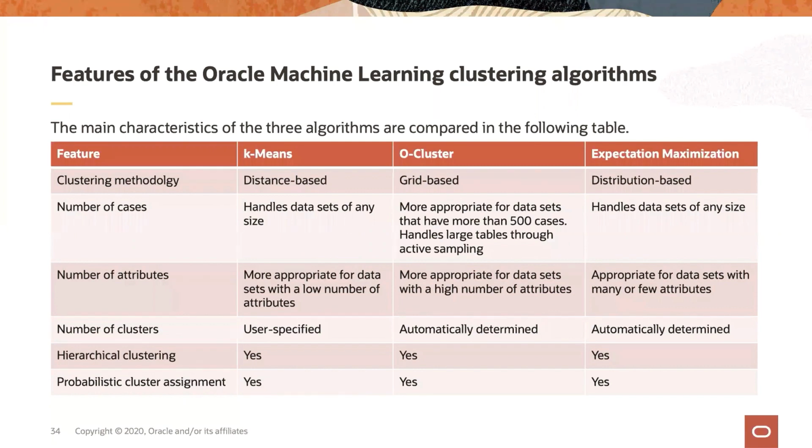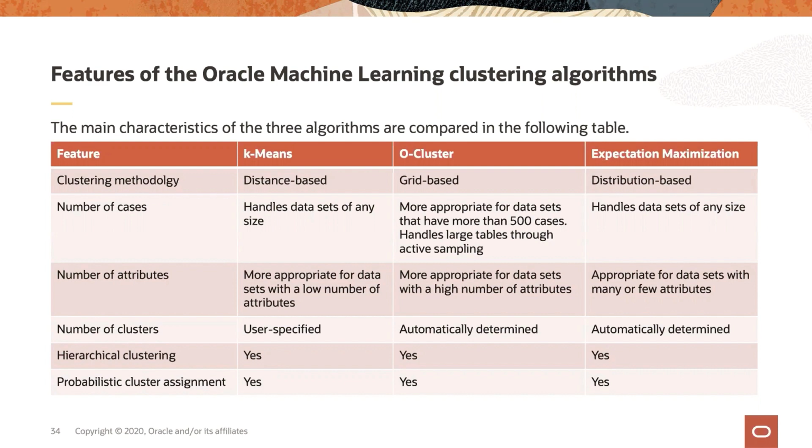In terms of number of clusters, k-means, as I mentioned before, is user specified. Even though Oracle k-means uses hierarchical clustering, where we build a hierarchy behind the scenes, we're going to stop at the number of clusters that the user specified. That's the specific process there.